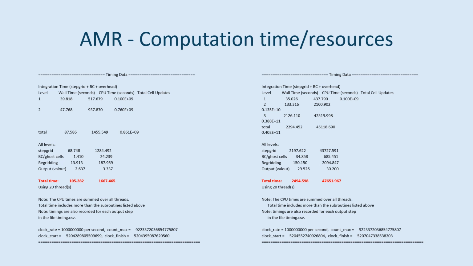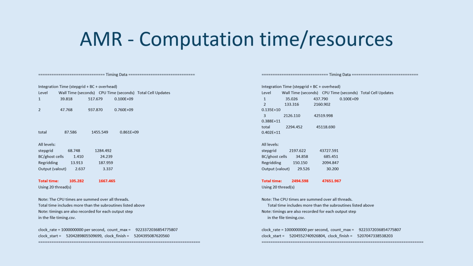These two tables are examples of the cost of changing AMR refinement levels. This particular data is the same simulations as the previous slide, where the data point was in the middle of the ocean and didn't need much refinement. However, between the two sets of refinement, the computation time skyrocketed.